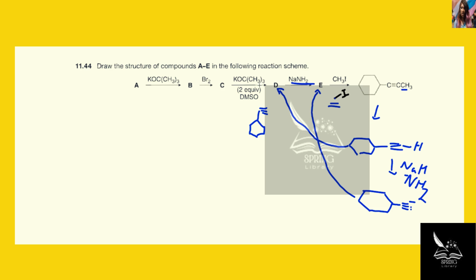This reagent is an oxidizing agent. From an alkane, a straight bond, with one equivalent you go to an alkene. But here we have 2 equivalents, so from an alkane we would go to an alkyne, 3 bonds. So this is how we made D: we made this alkyne using 2 equivalents of this oxidizing agent.